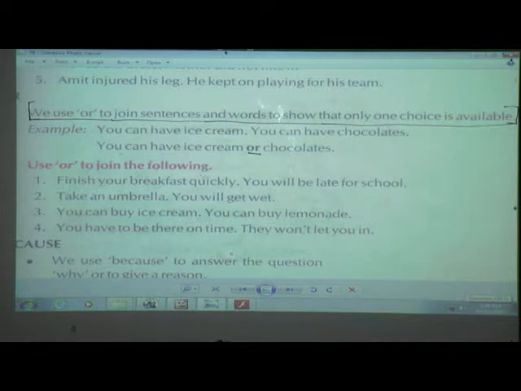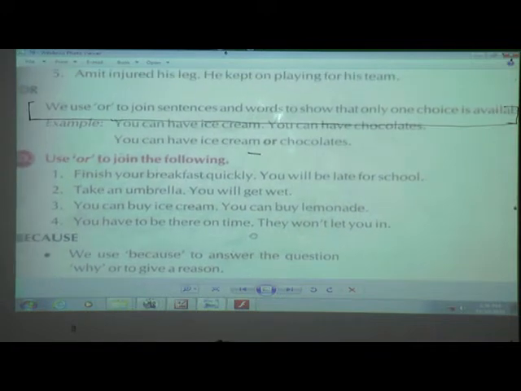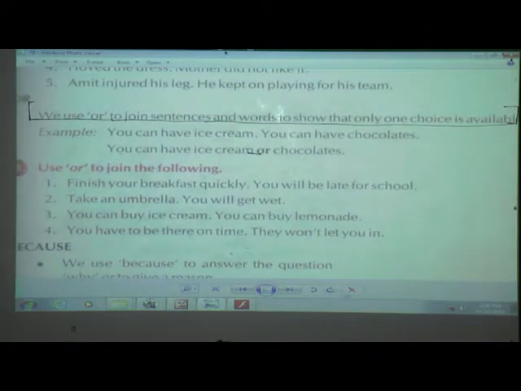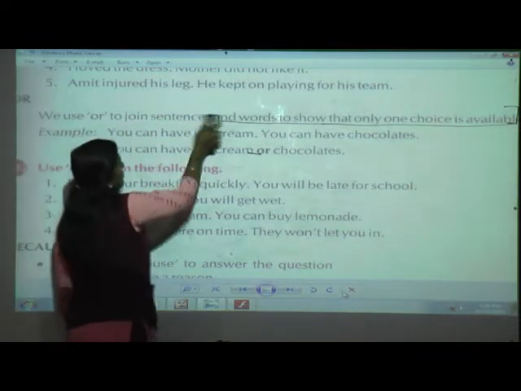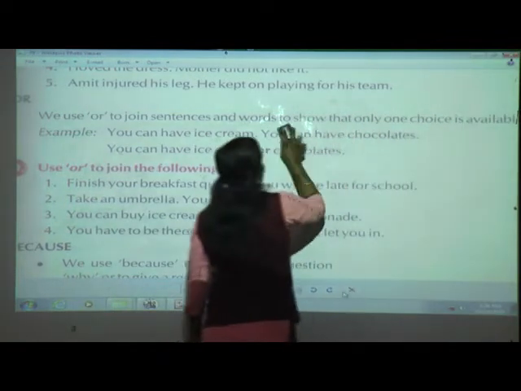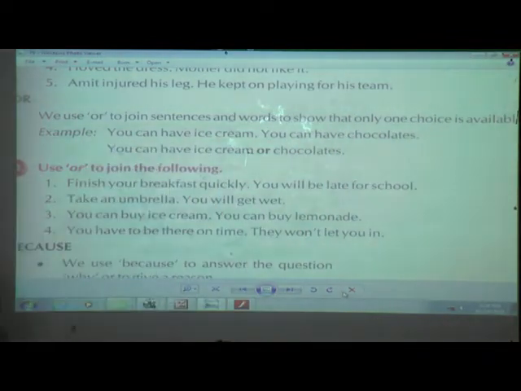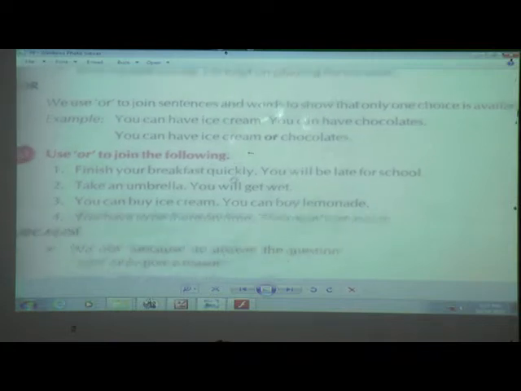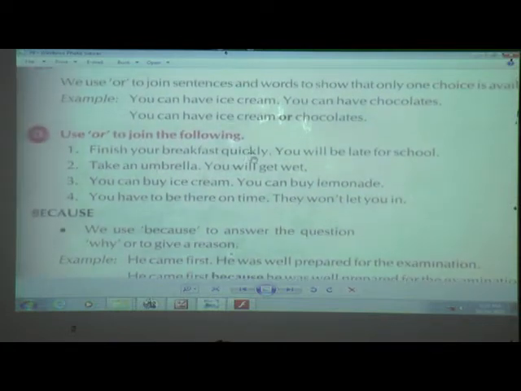Now we are going to solve exercise D. Now here what have they told? Yes, you have to use or to join the following. So or conjunction is used for what purpose, students? Yes, when we have only one choice. First example, finish your breakfast quickly. Full stop, you will be late to school. Yes. Finish your breakfast quickly, you will be late for school.